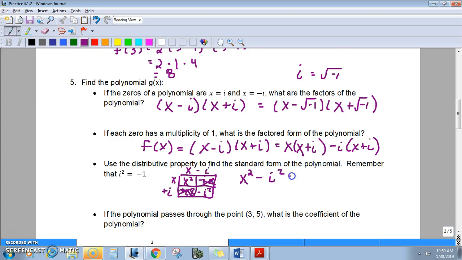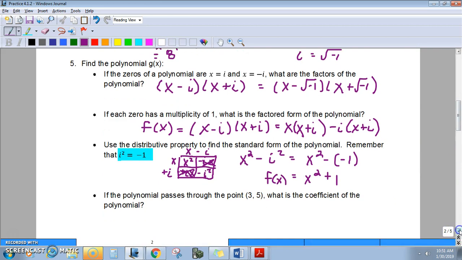Now, if i squared is equal to negative 1, then we have x squared minus, and it's important to put the parentheses here, minus (negative 1), and that negative makes it actually x squared plus 1. So now we have an equation without any i's. That's cool.